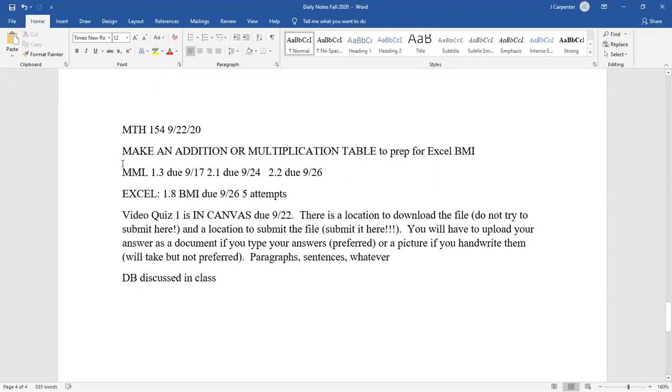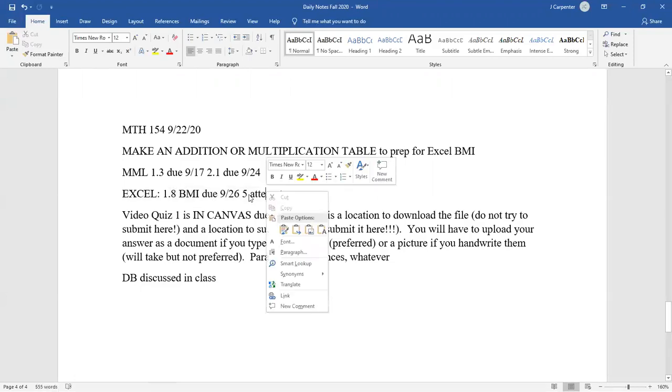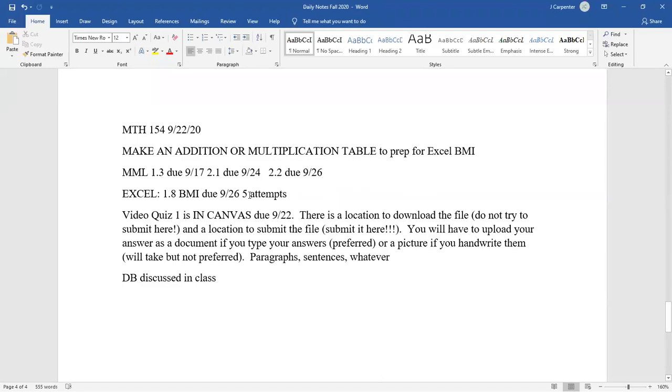Remember that you will have the issue of using fixed cell references in this homework. This will be the first time you have to do that. So you have to understand how to use them, which is why I gave a suggested thing to do, which I'm not going to grade: make an addition or multiplication table to prep for using fixed cell references.